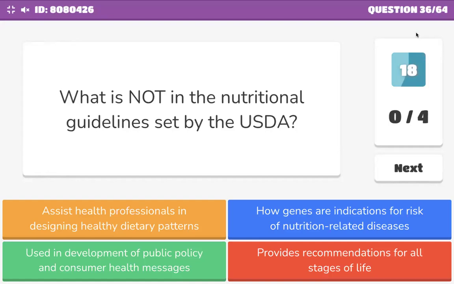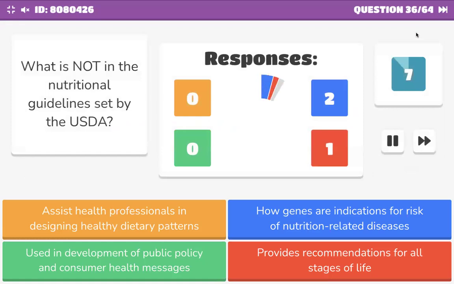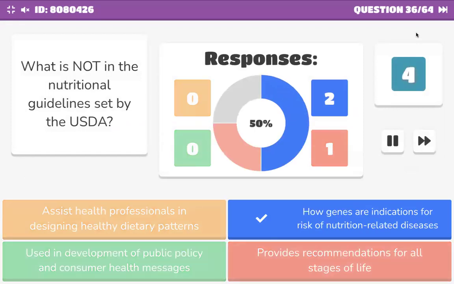What is not in the nutritional guidelines set by the USDA? Genes as indications for risk is not included.